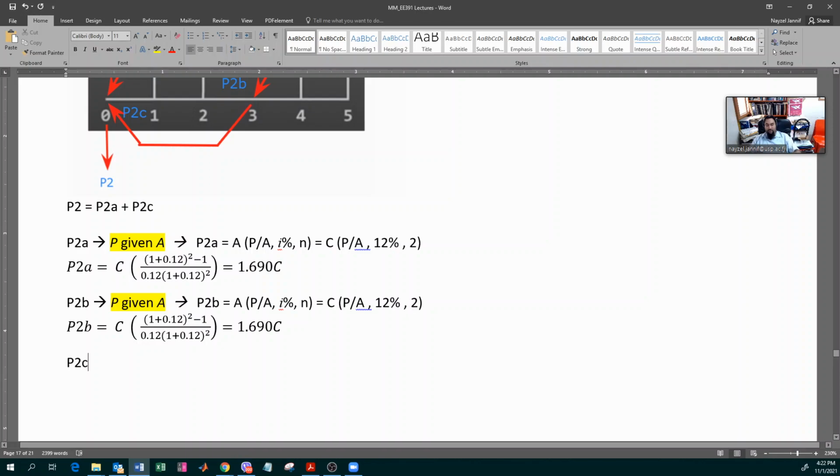P2C. Can you tell me what we will use for P2C? Yes, P given F. Oh, thank you, Pranil. Pranil, you have caught on to something over here.